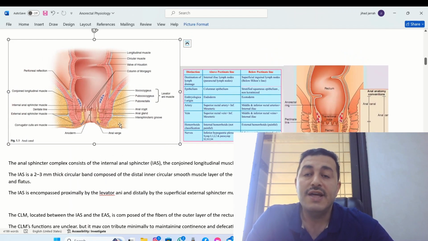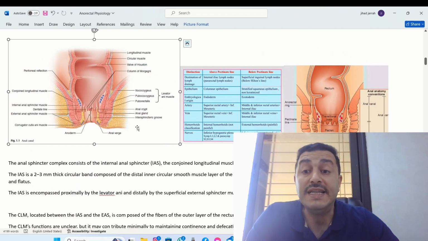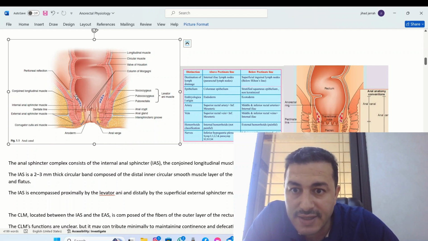We have actually 3 sphincters that make the anal canal. First is the internal anal sphincter.